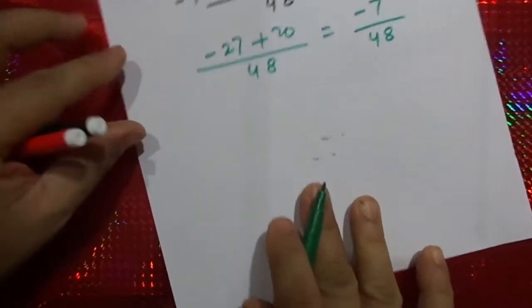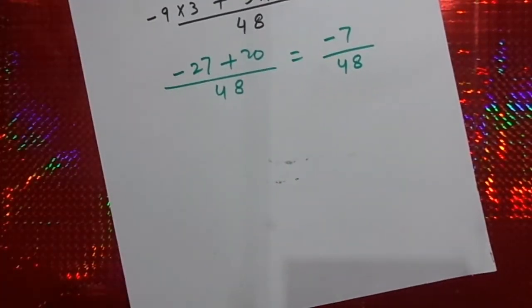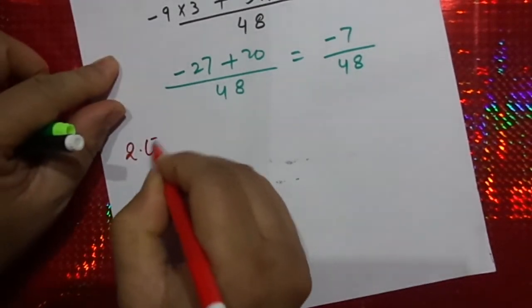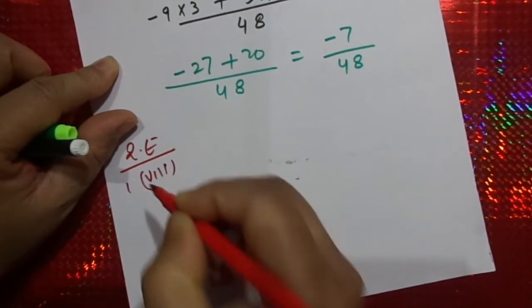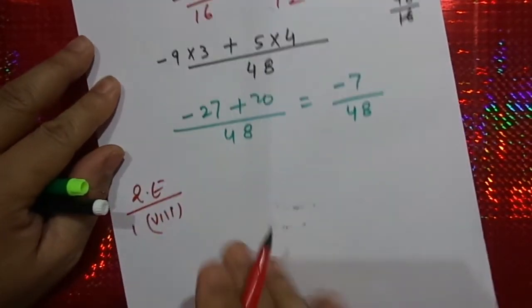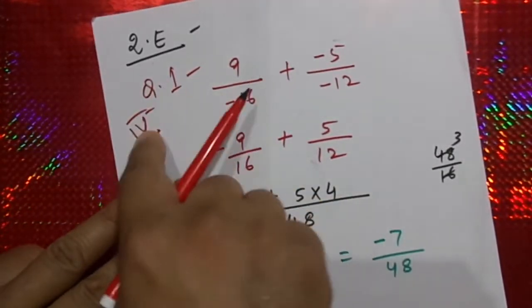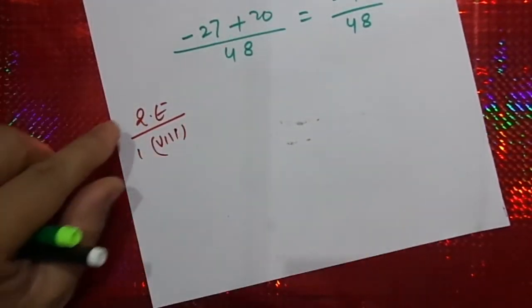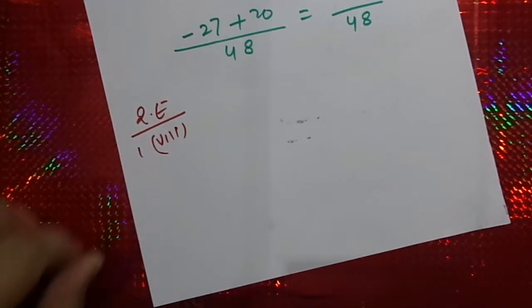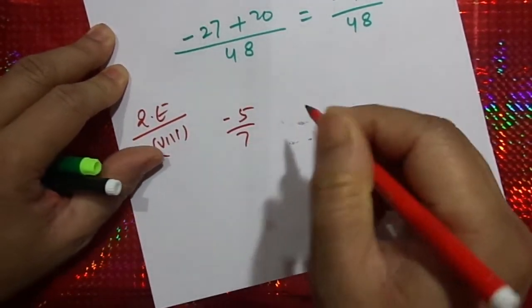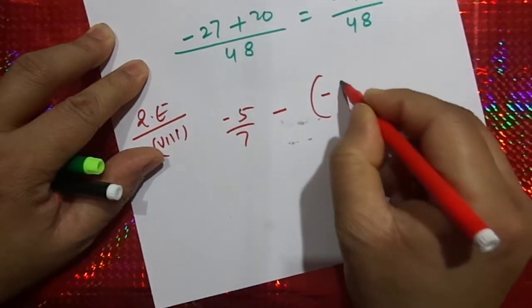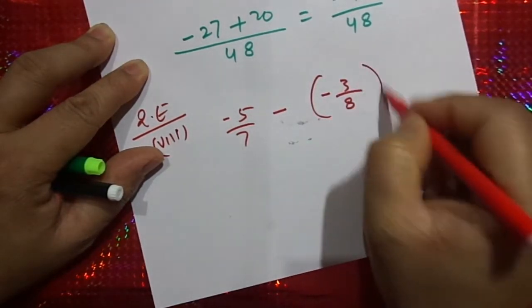Let's come to question number 2E 1 8. The other ones you can do yourself. Question number 1 8. We have minus 5 by 7 minus 3 by 8.